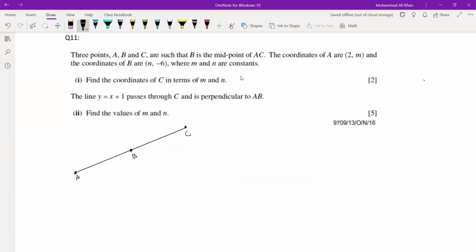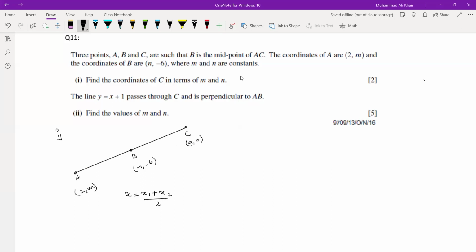We have to find the coordinates of C in terms of m and n. Let's say this is A, B. B is (n, n minus 6), A is (2, m). So now, the first part: what is the formula for the midpoint? x equals x1 plus x2 by 2.